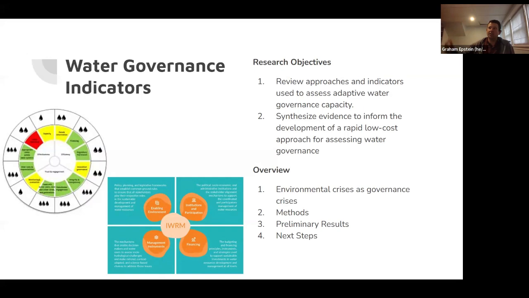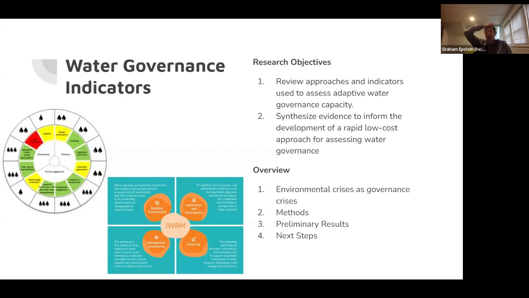And then we are trying to synthesize this evidence to inform the development of a rapid, low-cost approach for assessing water governance. And so that is the stage that we are moving to now in this project. And I think I know where it needs to go based upon some of the results of this research. But I'd be really happy to get any feedback, advice, input from the members of this group.